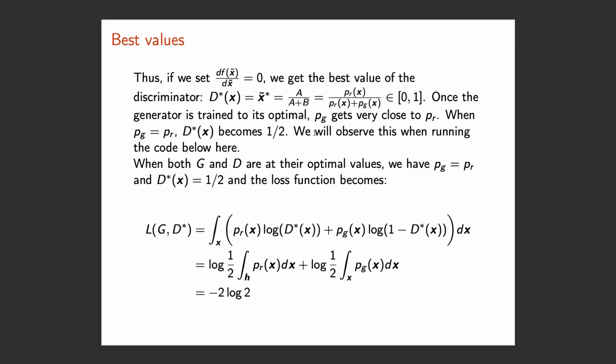So this is a kind of training limit. When both G and D are at their optimal values, we have these two probabilities being close to each other, and this D asterisk, the optimized value, is equal to a half. That means that when you plug these values into your loss function, you can show that it is equal to -2 times log 2. That's your loss function.